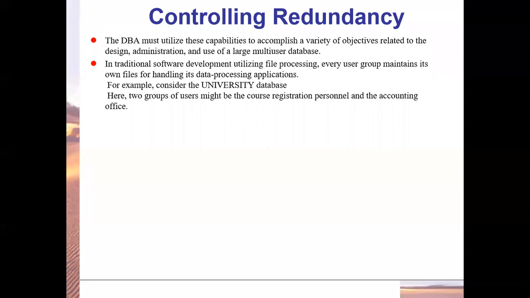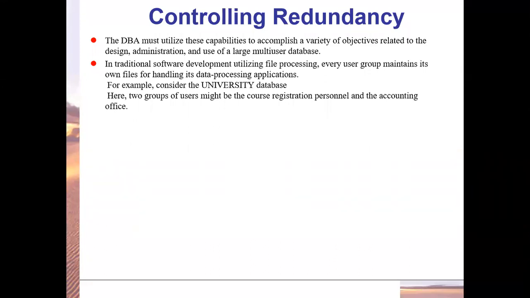So in traditional software development, which used file processing, every user group maintains its own files for handling data processing applications. Last time I explained with the example of an attendance sheet, which is maintained by each faculty separately, and each faculty separately modifies the file, and that causes inconsistency.